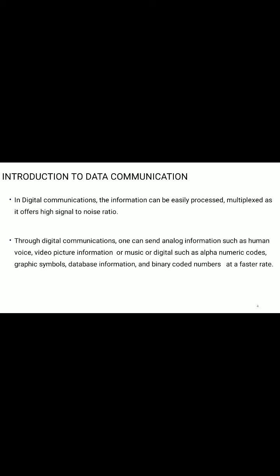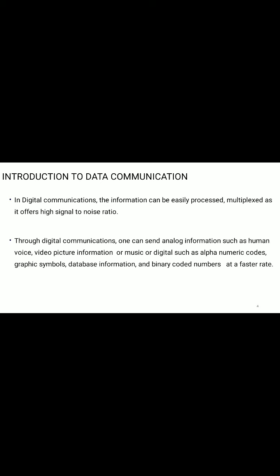So how can we send the data from transmitter to receiver? We will use a transmission channel or transmission medium. By using that, we will transmit the data from transmitter to receiver, or source to destination.